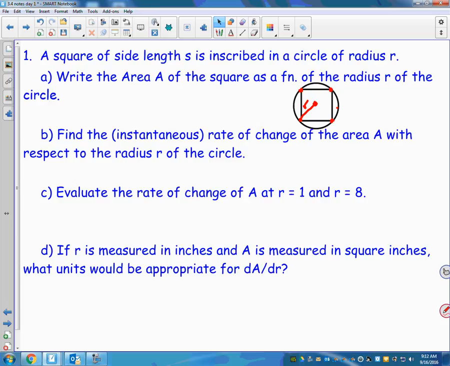Now, what does this actually stand for? What kind of triangle have I just made?